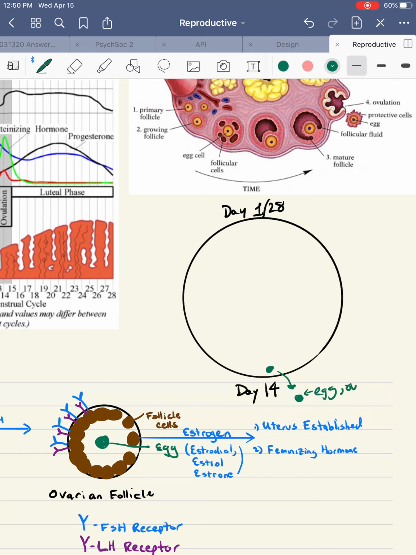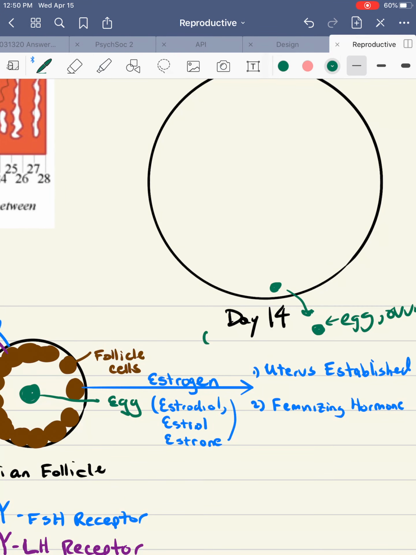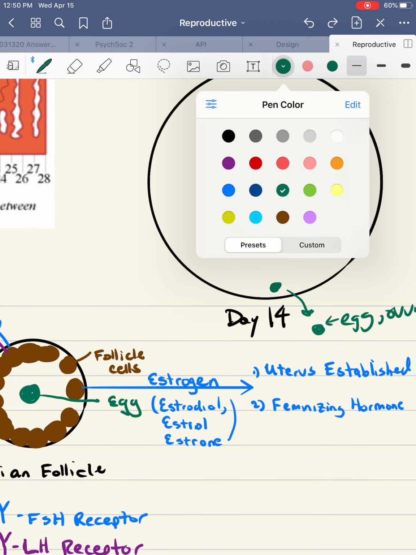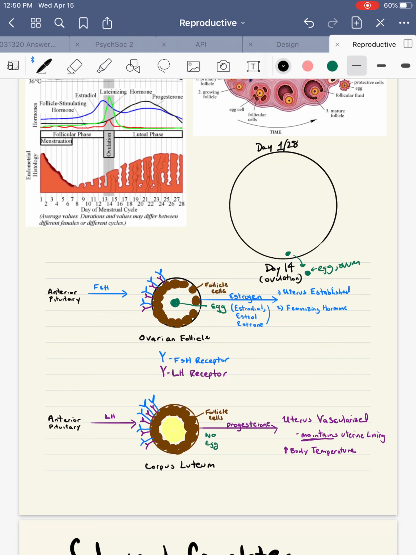That egg, or the ovum, gets released from this ovarian follicle. We're going to talk about what this ovarian follicle is in a little bit. Right? Day 14, we have something called ovulation.